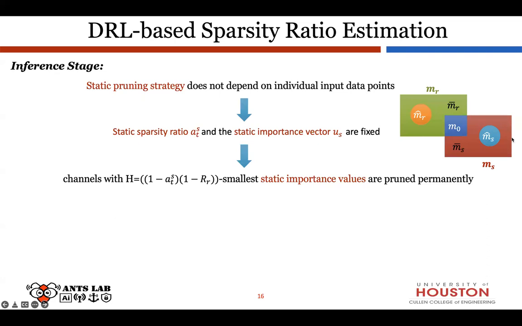Yes. For example, for the whole model, we have a large rectangle, and then according to the sparsity ratio, we will determine some channels to be pruned by the runtime pruning. We will determine some channels to be pruned by the static pruning. It will be related to the whole channels in each layer and also the sparsity ratio we determine.